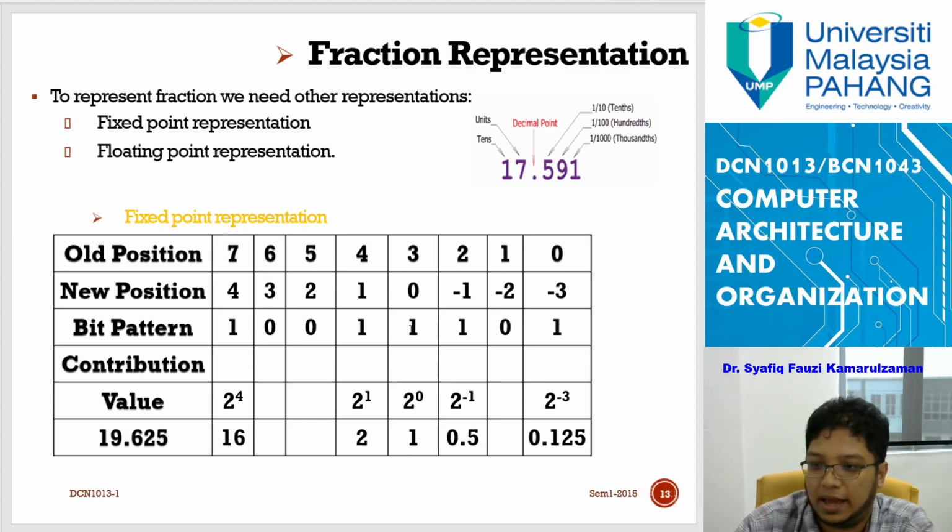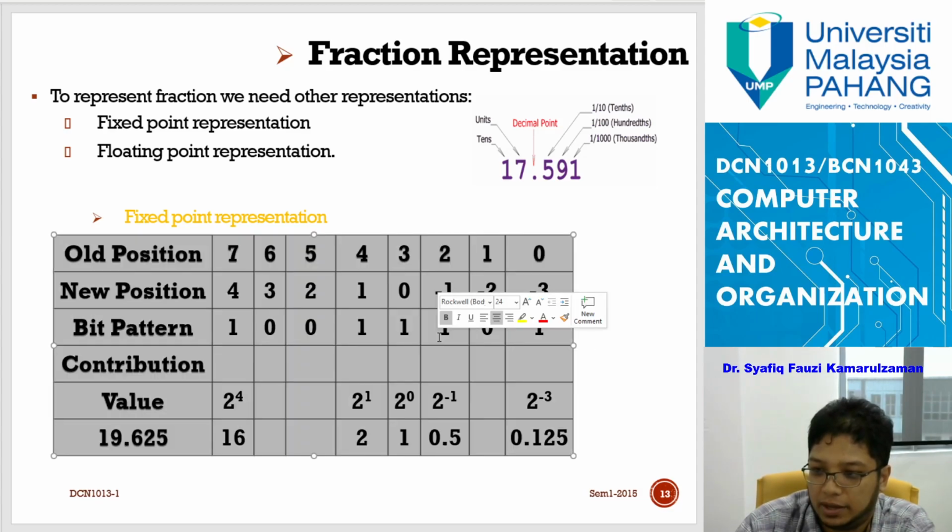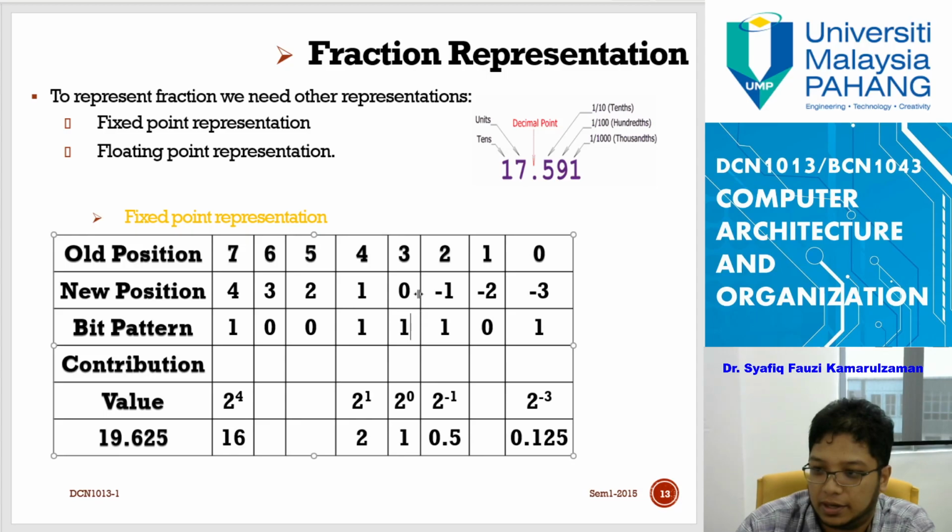In this case we have this binary here. Supposedly there is a point in this line. So here in this case you have 2 power 4, in case of 16. We want to convert this value. So in 16 you have 1, and then 2 you got 1, 1 here, and then next is 2 power negative 1, 0.5, and 0.125.